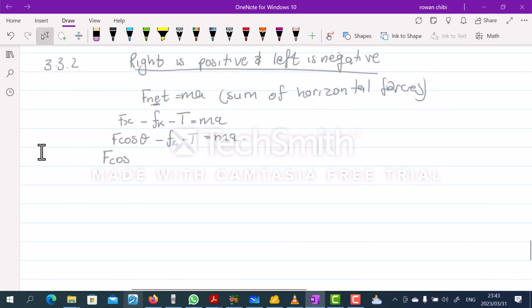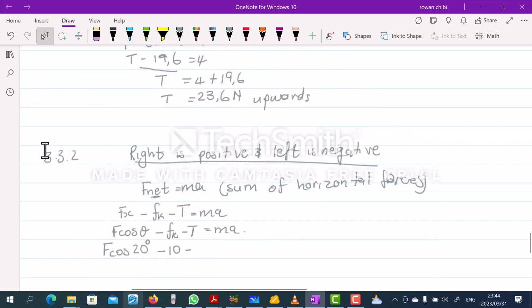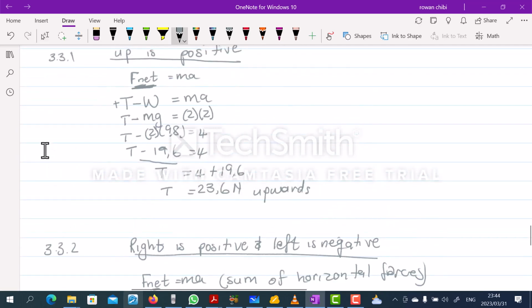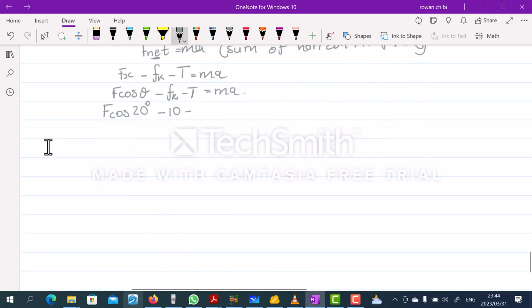So we have F cos 20 degrees minus, they gave us the friction of the 5 kg block, they said it's 10 newtons. The tension now, we said the tension of the 2 kg block is equal to the tension of the 5 kg block. This one is positive, then that means the other one is going to be negative because they are in opposite direction. Equals, this is the 5 kg block, the acceleration is 2.